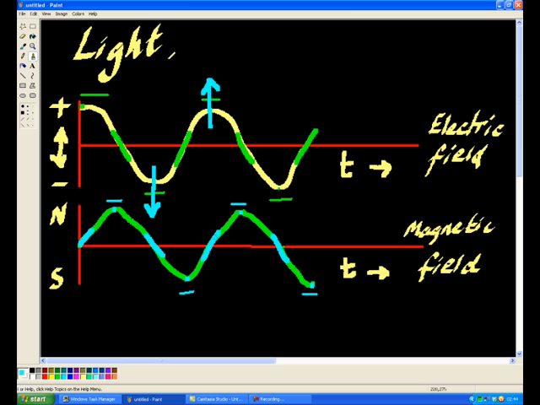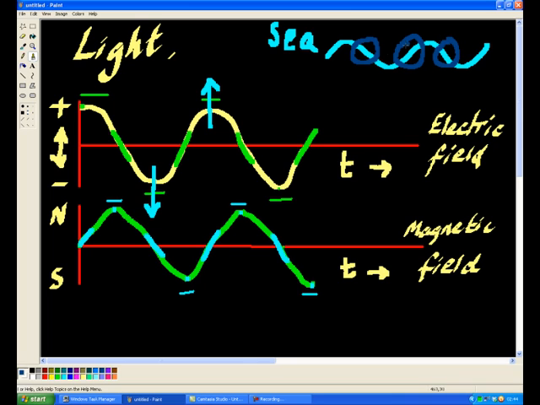Now, if you remember the sea waves, let's draw a sea wave here. The sea waves, as we said, were made up of circles, didn't we? If this is the sea waves, I said that we had these sort of circular motions. You can probably remember I drew the circles, didn't I? Something like this, okay?